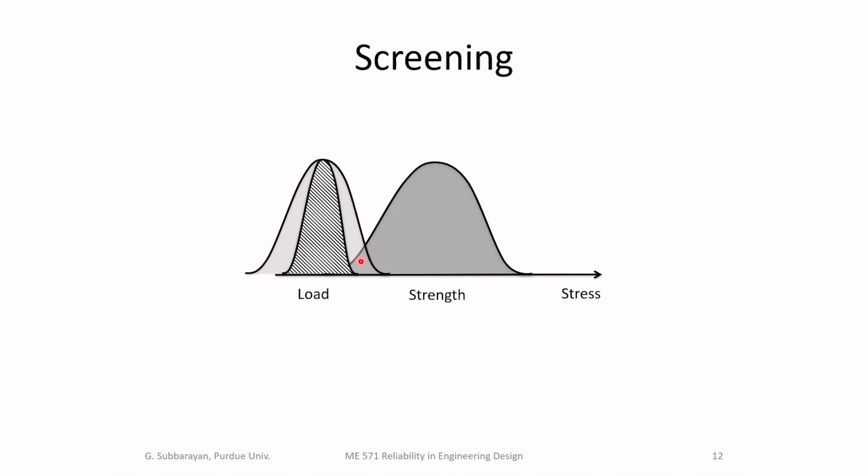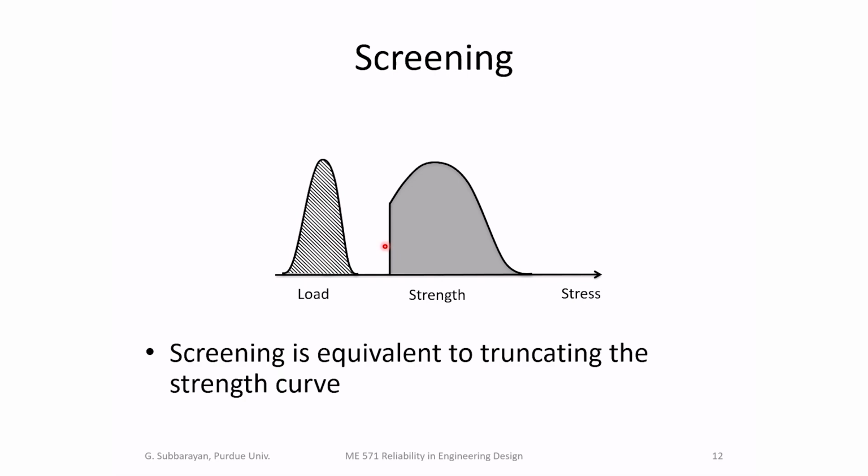And some of them will fail, or many of them will fail. And then as a result of that, what I've done now is to increase the safety margin, because I've now eliminated that population that was potentially susceptible to load strength interference by applying a larger load. So this is screening. So screening is equivalent to truncating the strength curve.